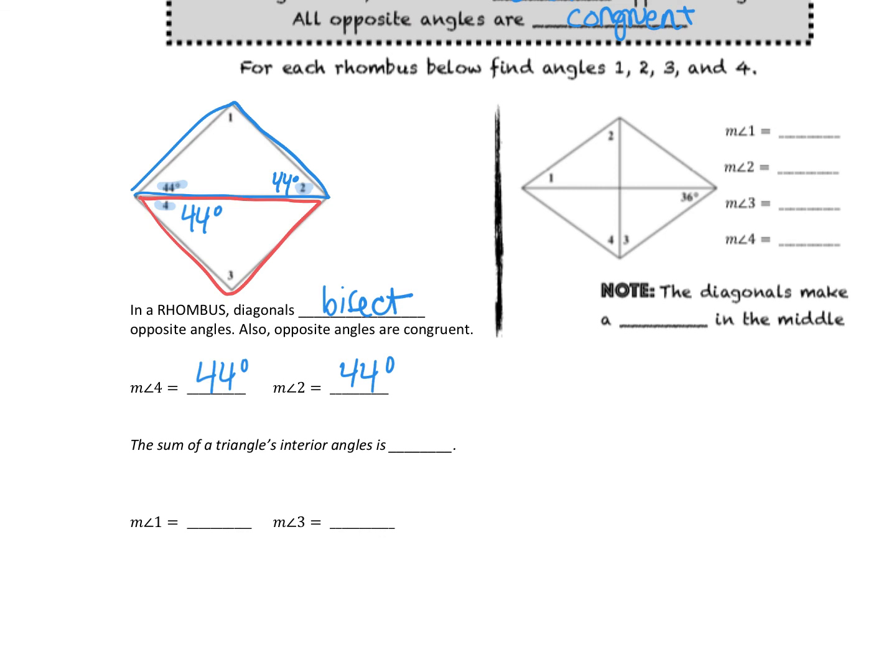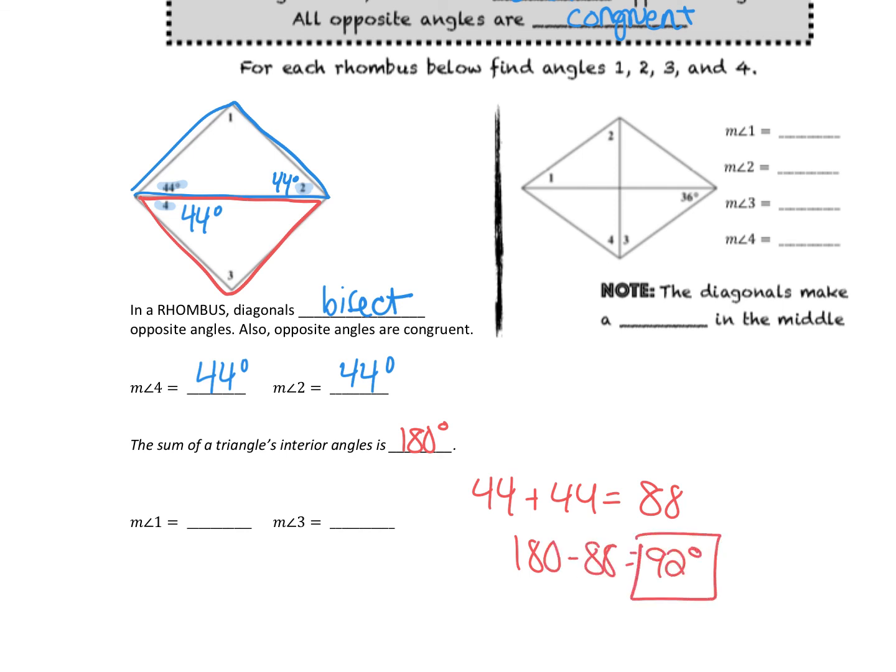Remember, the sum of a triangle's interior angles is 180 degrees. So if I take 44 and I add 44, I get 88. And if I subtract 88 from 180, then I get 92 degrees. So the measure of angle 1 is 92 degrees.